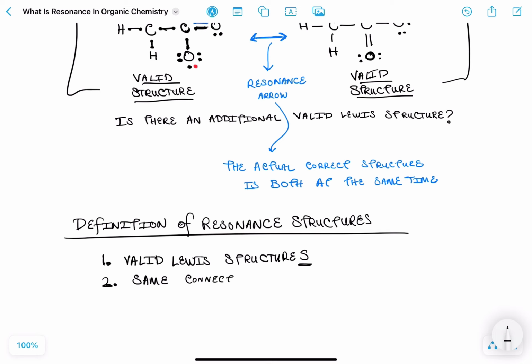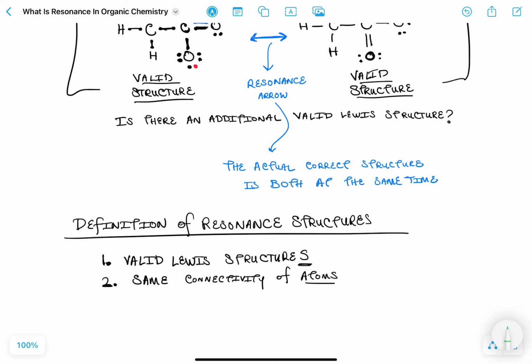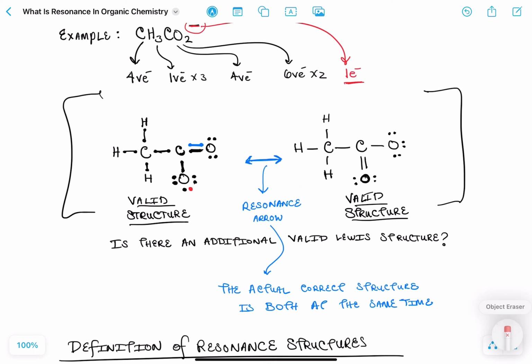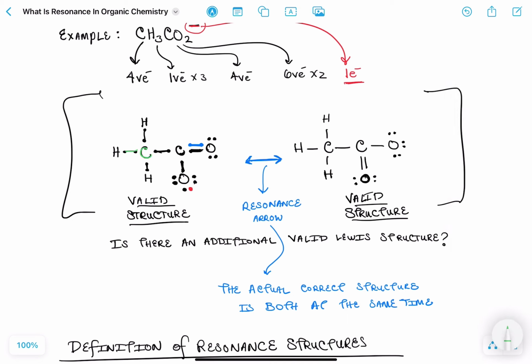connectivity of atoms, right? And so let's indicate that by going through and looking at the connectivity. So we have a carbon, let's go back. We have a carbon surrounded by hydrogens in both structures. You see that? Carbon surrounded by hydrogens in both structures.